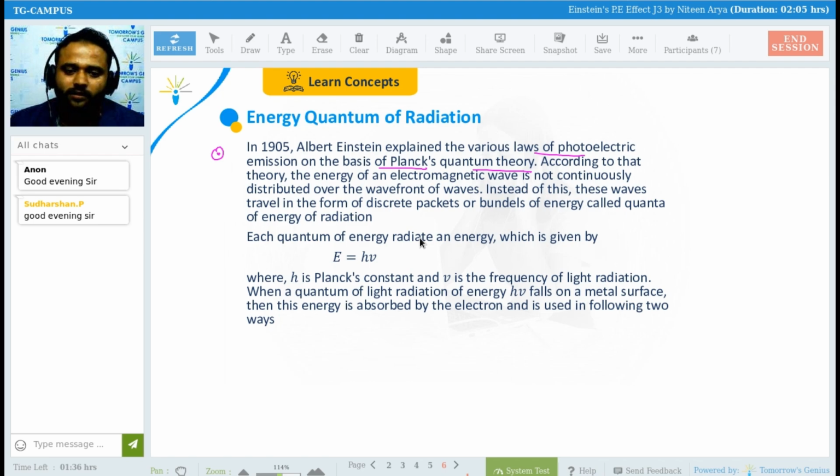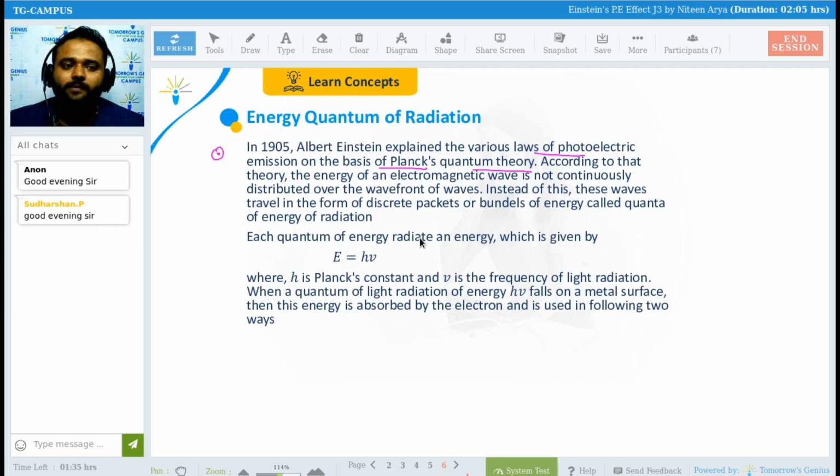When they are always in continuous motion, and we know whenever a charged particle is in motion, it creates a magnetic field, right? And it creates an electric field. So we can find matter waves also. So this is basically Planck's quantum theory. Many phenomena we cannot explain on the basis of classical mechanics.